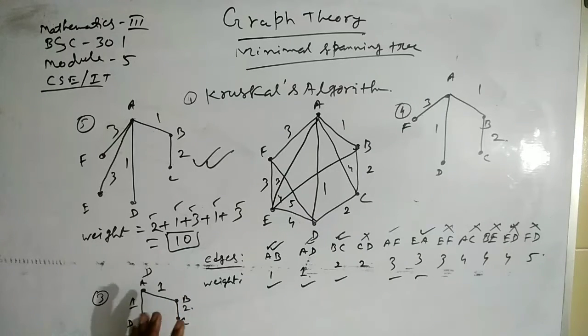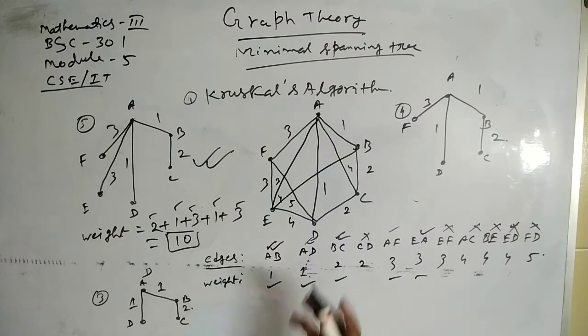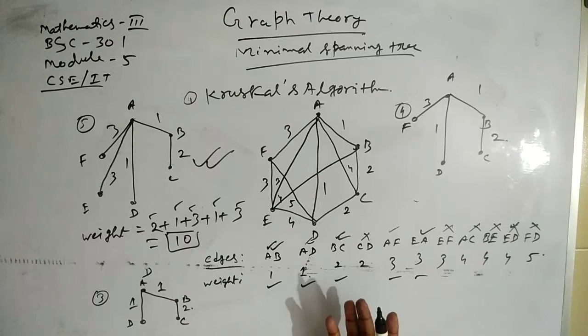So this is the method of Kruskal's algorithm. This is a very simple method. I am repeating briefly. First, eliminate all the self loops and parallel edges from the graph. Then arrange the edges of the graph according to their weight in ascending order.